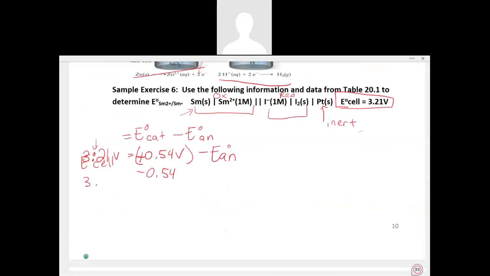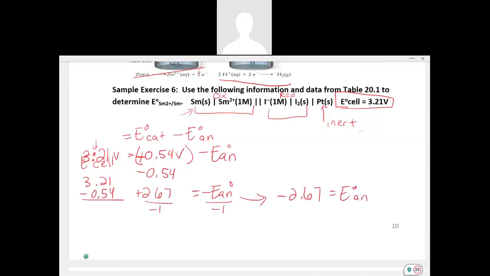So I have 3.21 minus 0.54. So my negative E anode is going to be equal to a positive 2.67. I'm going to divide both sides by negative 1 because I want the E anode, not the negative of that. So the result is that negative 2.67 volts is going to be the value under standard conditions for my samarium anode.